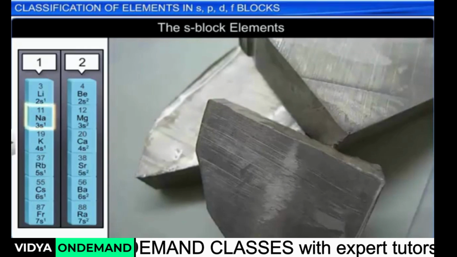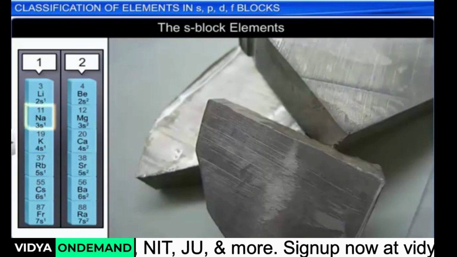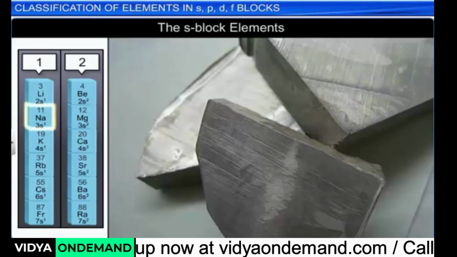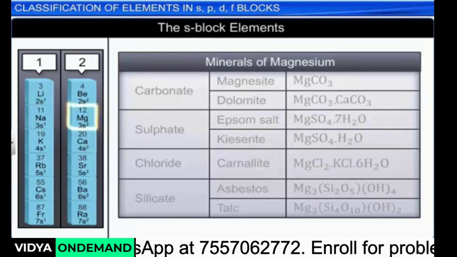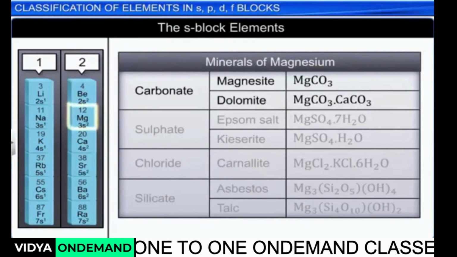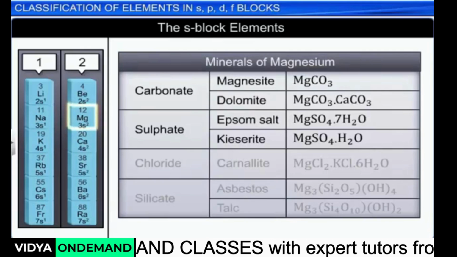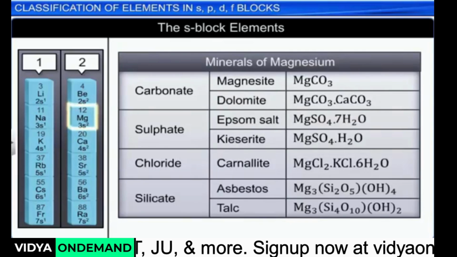For example, magnesium occurs in the combined state as carbonates, sulfates, chlorides, and silicates, but never as pure magnesium. The metallic character and chemical reactivity of s block elements increases as we go down the group.